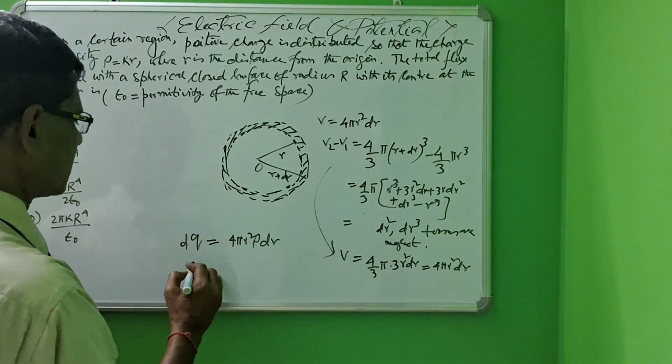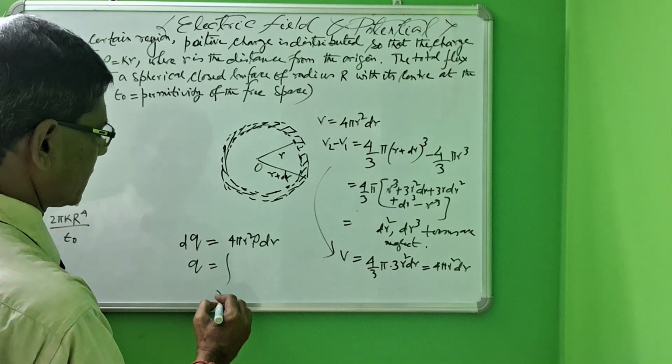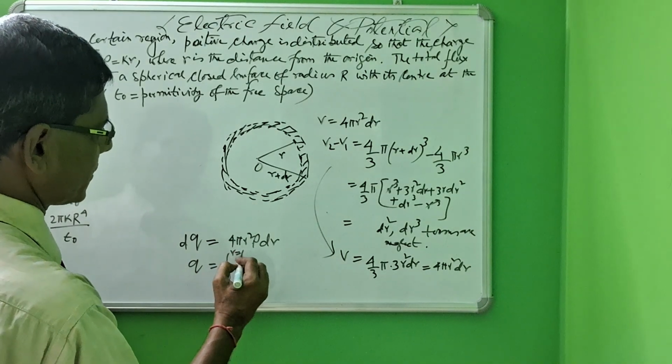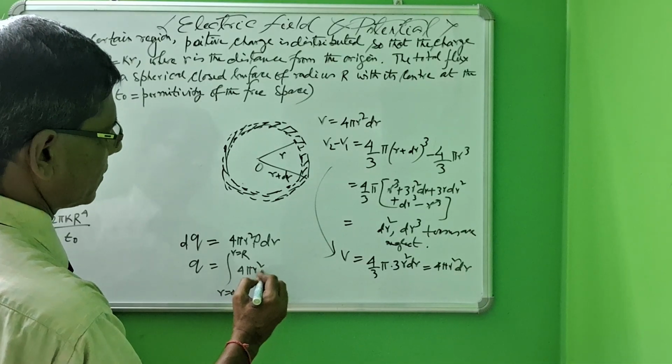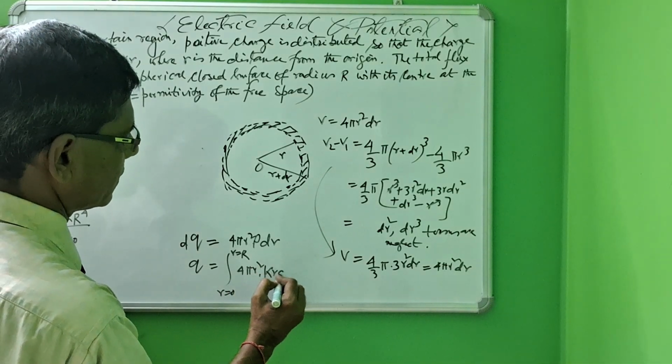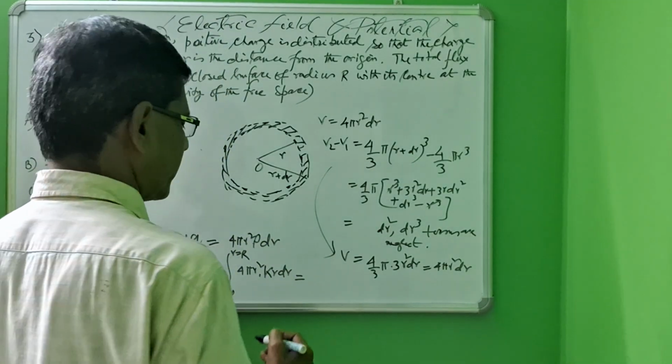So total charge Q equals the integral from r equals 0 to r equals capital R of 4 pi r square kr dr, because rho equals kr is given.